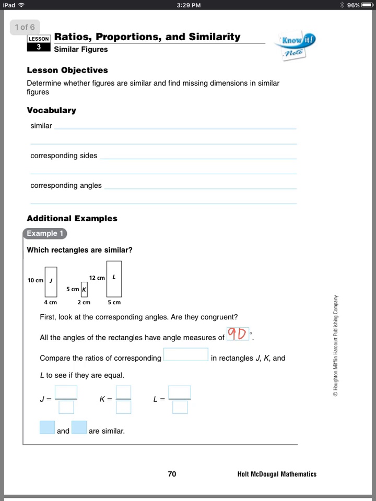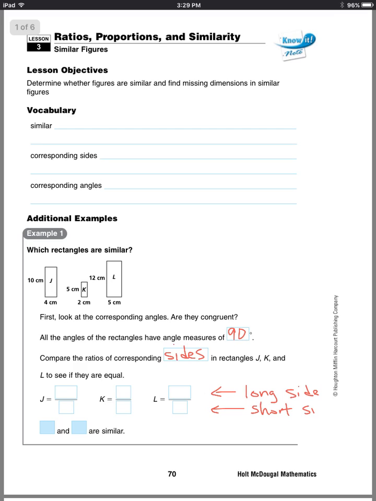Compare the ratios of corresponding sides in the rectangles J, K, and L to see if they are equal. So I'm going to say every numerator is going to be our long side, and every denominator is going to be our short side.